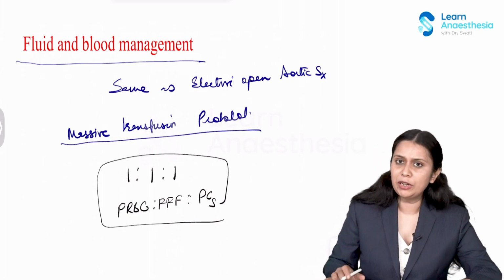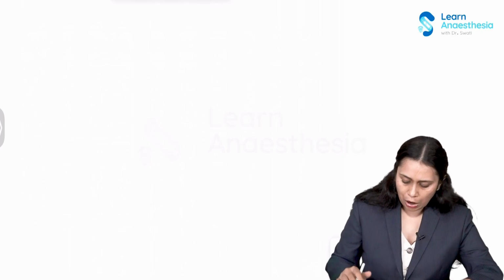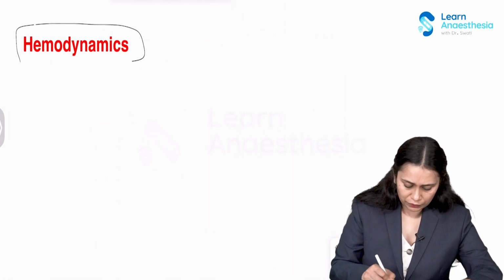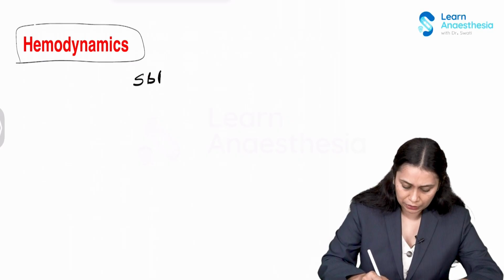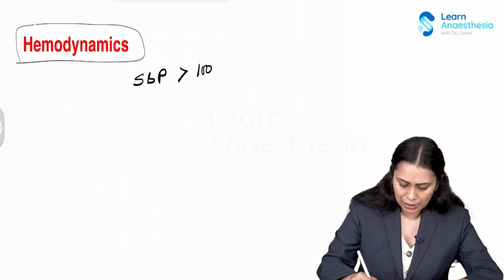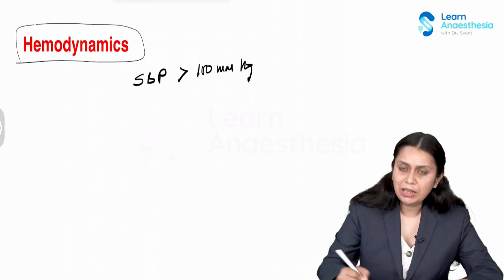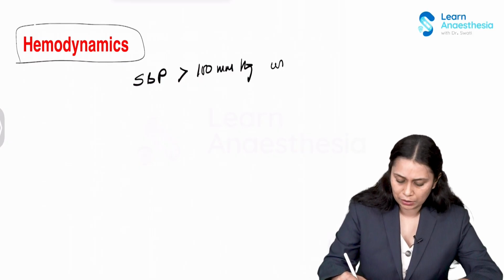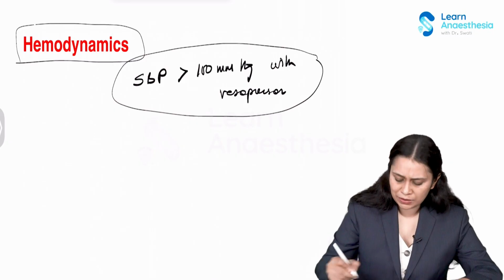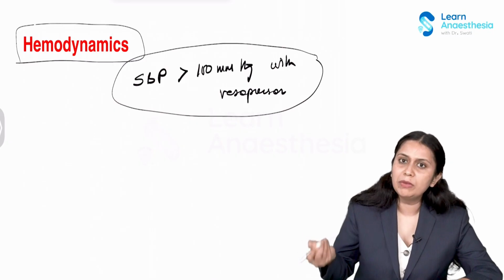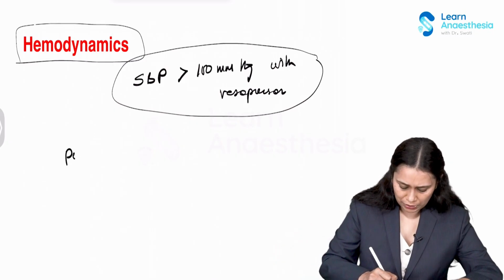Okay. Hemodynamics. Now, how do you manage the hemodynamics of the patient? The systolic blood pressure of the patient should be targeted above 100 mm of Hg with the help of vasopressors if required. Now in some centers, they practice permissive hypotension.